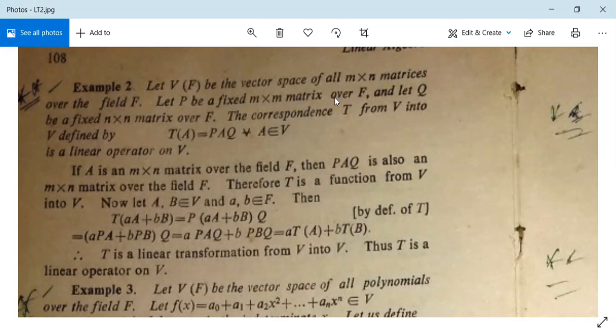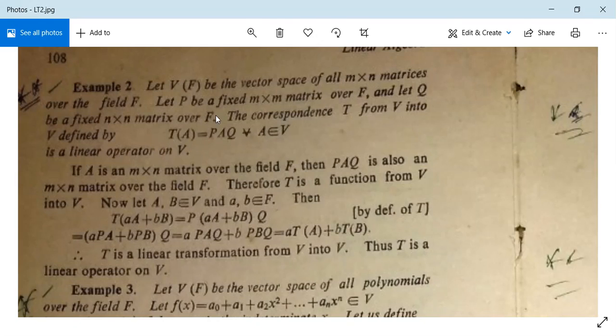P is a square matrix over F. And let Q be a fixed n by n matrix over F. This Q is also a square matrix of type n by n. The correspondence T from V into V defined by T(A) = PAQ for all A in V is a linear operator on V. See here it is saying linear operator, because both the vector spaces are the same.